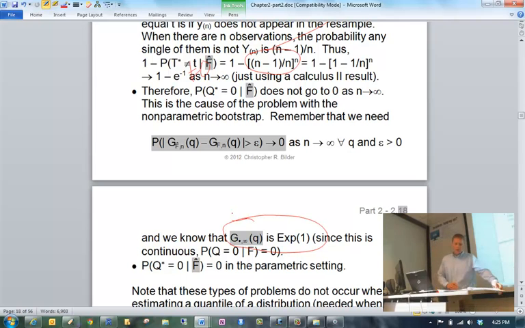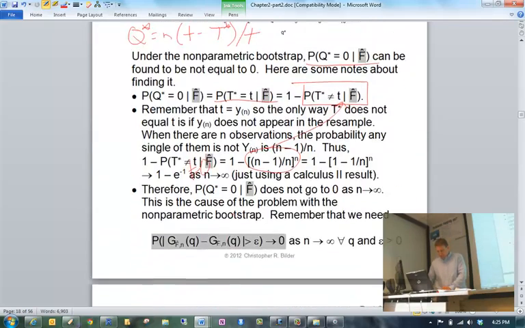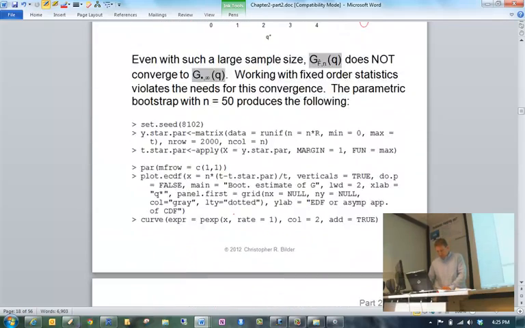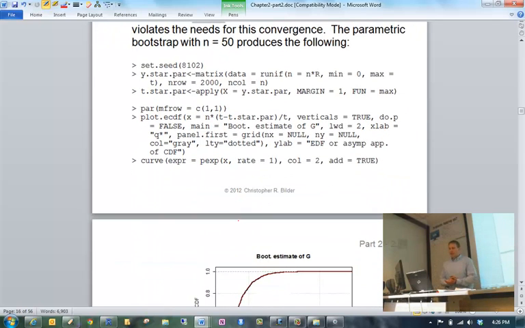But what if we do the parametric bootstrap instead? Well, in the parametric bootstrap setting, this is on page 16 again. I'm sorry to be bouncing around here. It's on the bottom of the page. Similar code to what we've seen before, so I'm not going to go into it.